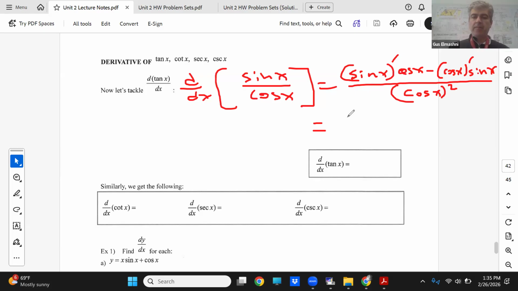Cos x. Right. What's the derivative of cosine? Negative sine.